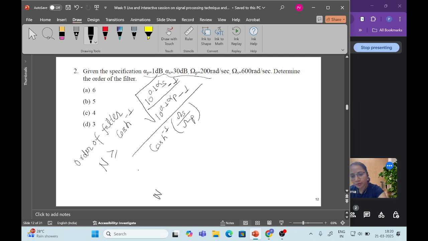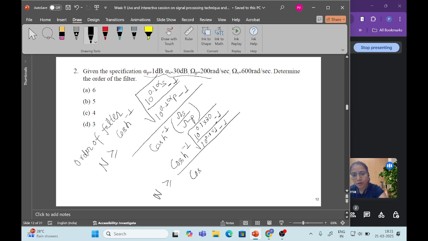So n must be greater than or equal to, always remember. Just put in all these values: cosh inverse in bracket 10 to the power 0.1 into alpha s, that means 30, minus 1, and then divided by 10 to the power 0.1 alpha p, which is given as 1 dB, so 1, minus 1, divided by that.